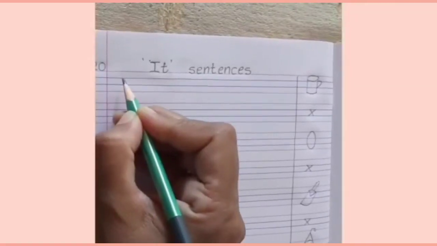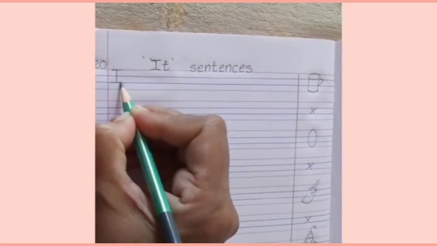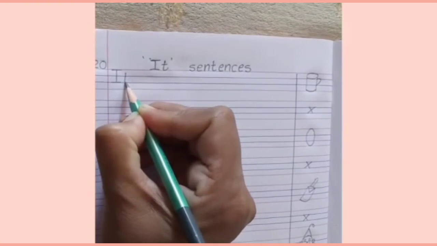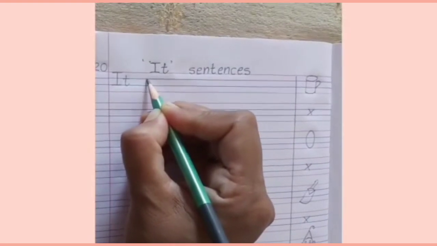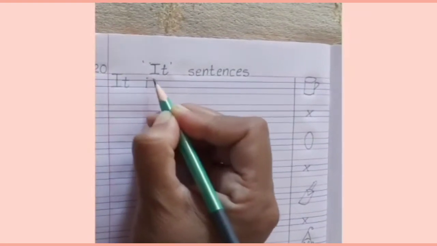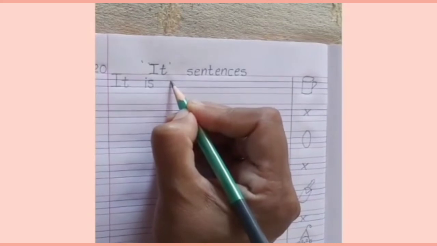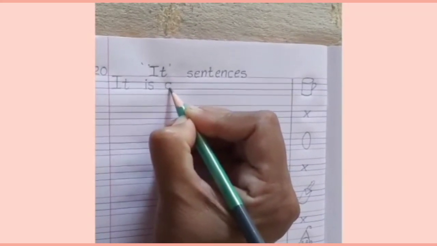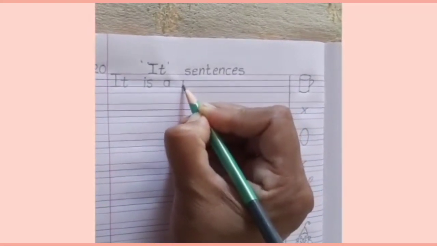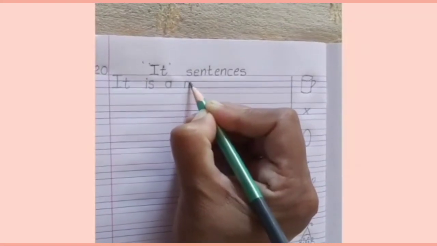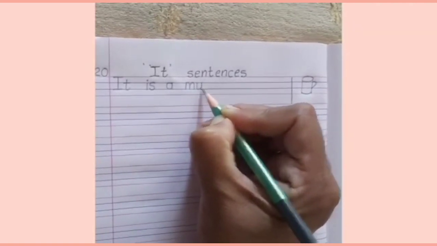This is an image of a mug. So the sentence would be I capital, small t, one finger space, small i, s, one finger space, a, one finger space, mug: m, u, g.